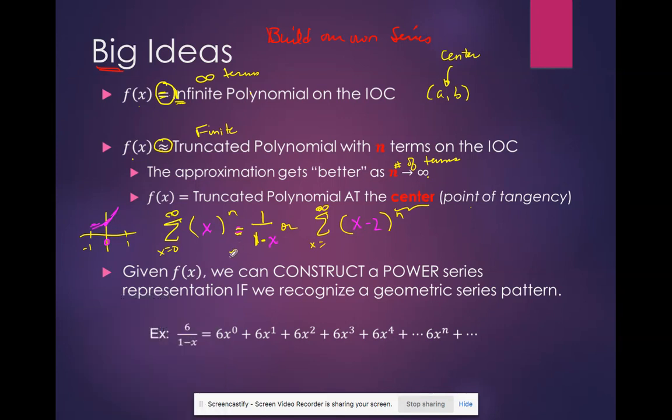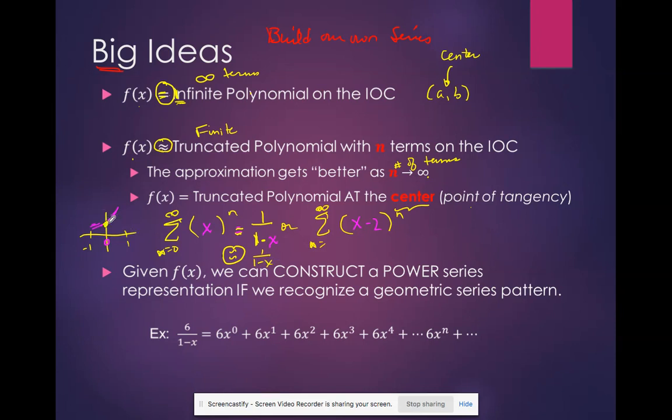The truncated polynomial is when I don't go to infinity, when I stop at n. So when I stop at n equals 2 or n equals 3, then I approximate 1 over 1 minus x on this interval.